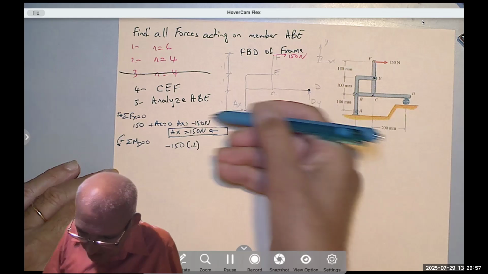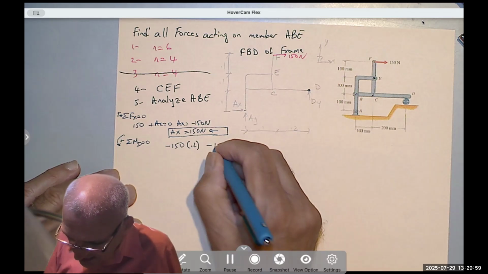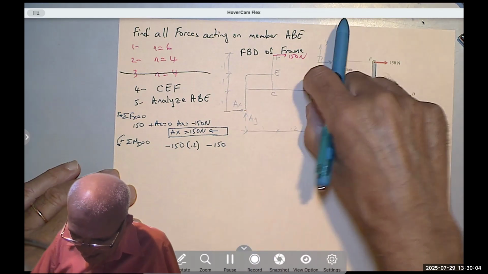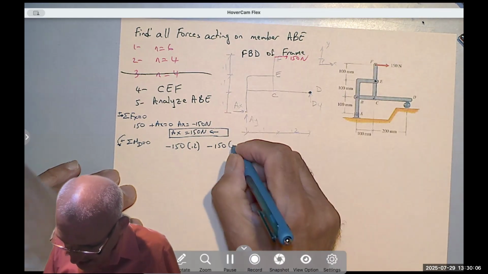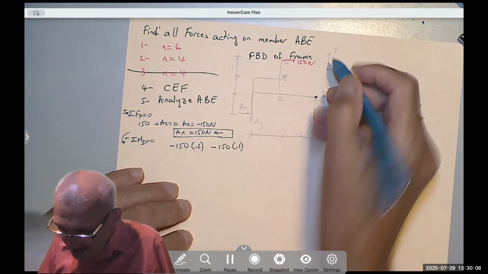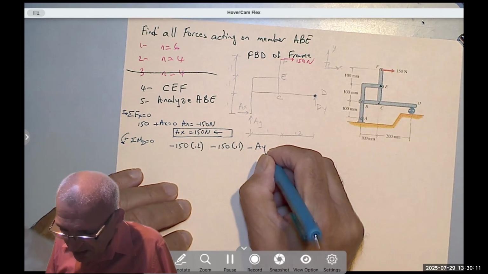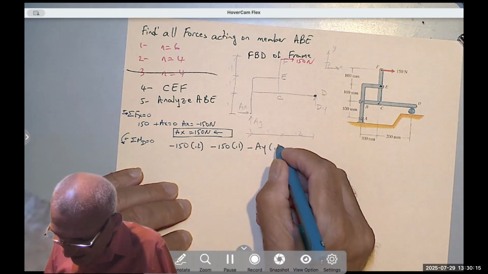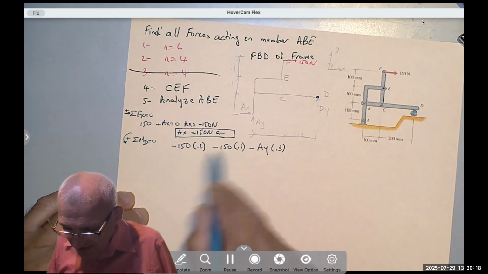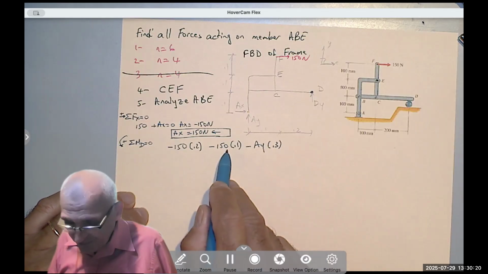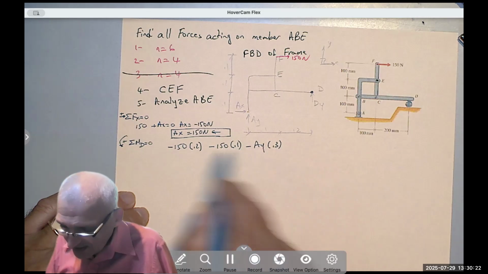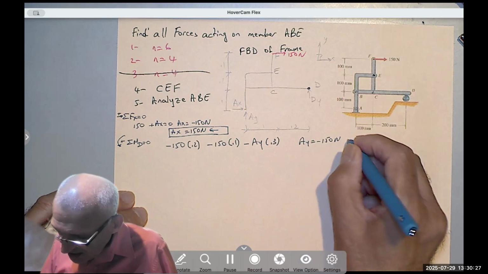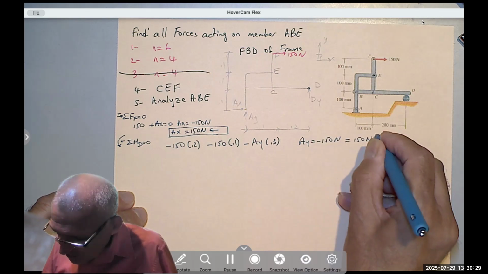AX, which is now pointing to the left, so minus another 150 times 0.1, that's the perpendicular distance, minus AY, because it's also rotating clockwise, times 0.3. Notice this is 150 times 0.3 when you add them up. So if you simplify 0.3 and 0.3, you get AY equals negative 150 Newton equals 150 Newton going down.